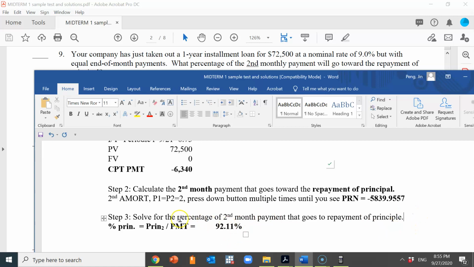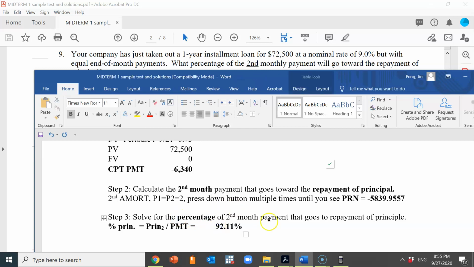Step 2 is calculating the actual amount that goes toward the repayment of principal. Step 3 is asking for the percentage.